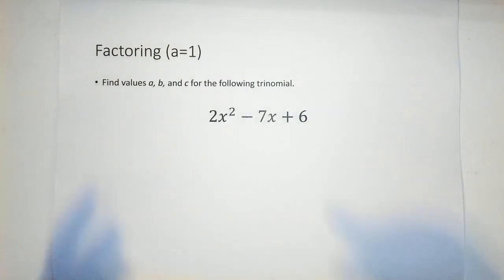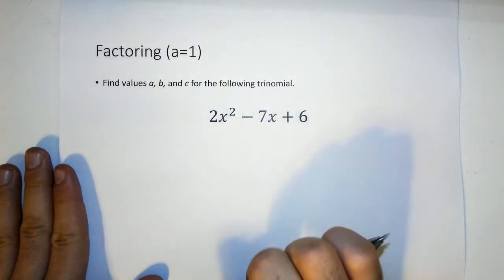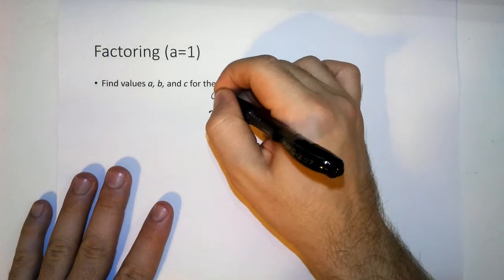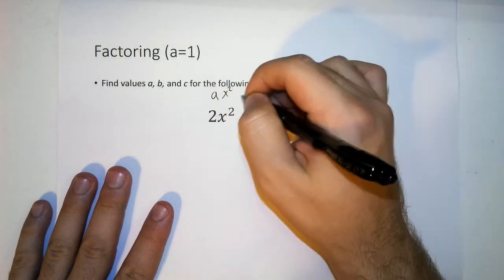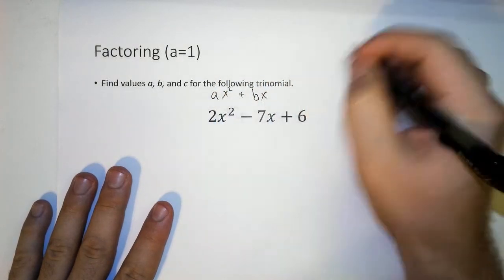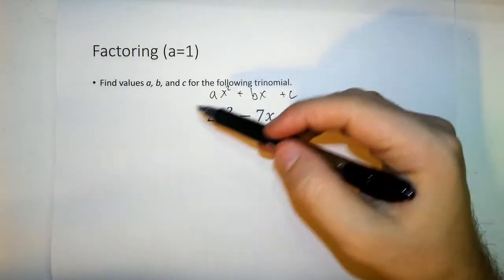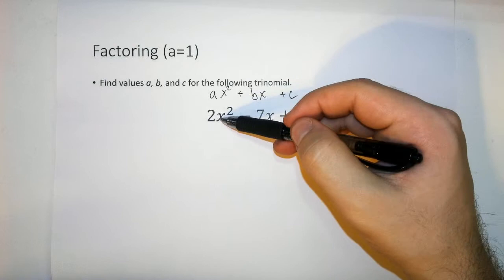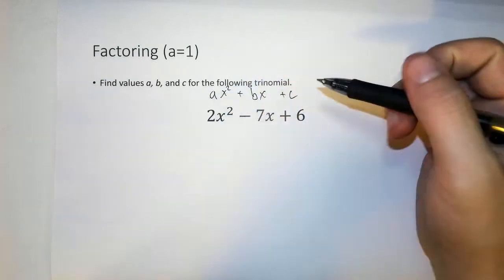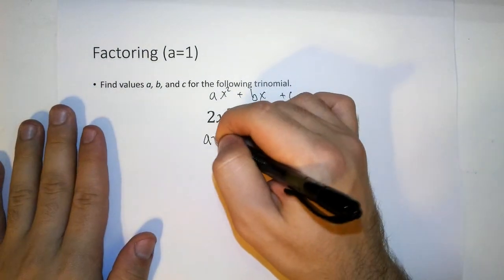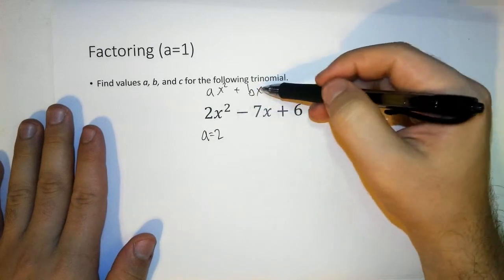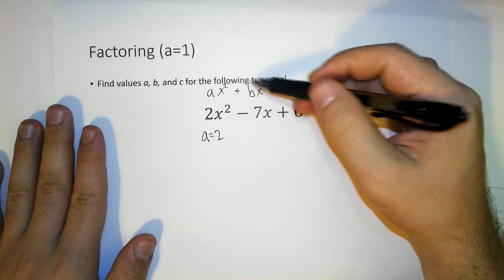Okay, so we have a trinomial right here. We want to find A, B, and C for the coefficients. So if you remember, our format is ax squared plus bx plus c. Now how we logically deduce this, we just see that the 2 is next to the x squared, so therefore a must be 2, right? B is next to the x, negative 7 is next to the x.